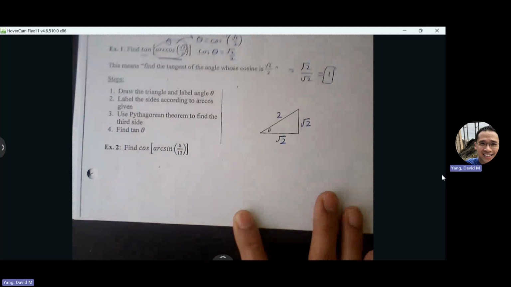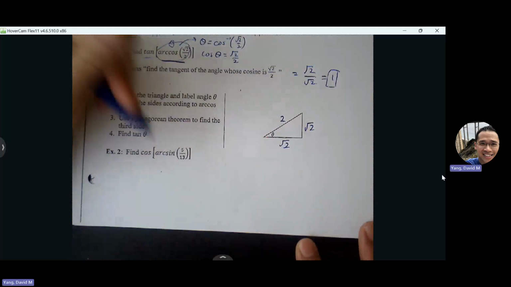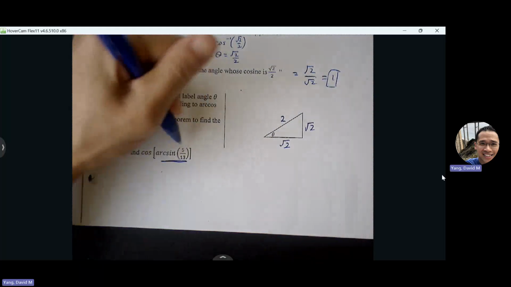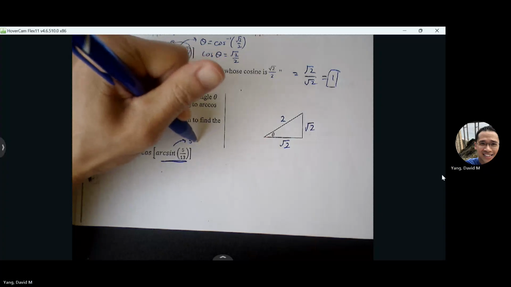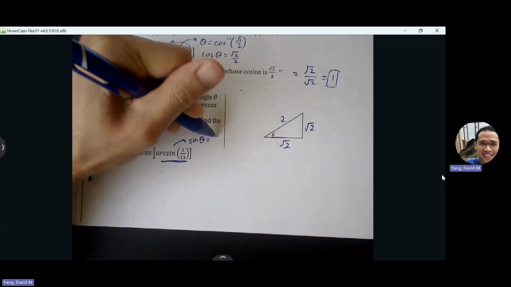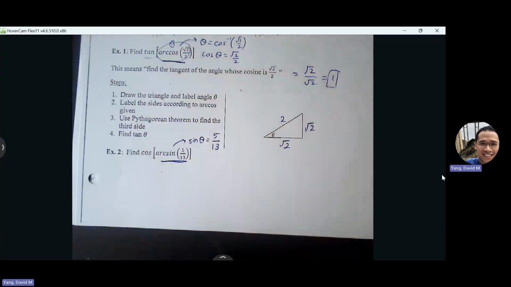All right, so let's try that process for example 2. Find cosine of arc sine of 5 over 13. So this is basically saying, let's create a triangle where sine of theta is equal to 5 over 13.